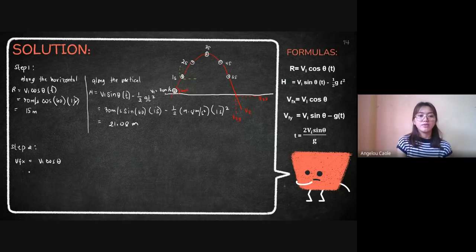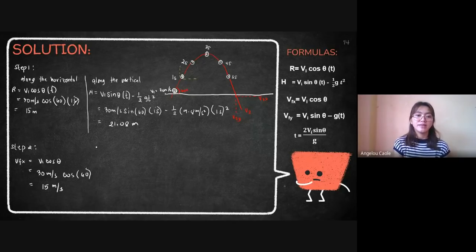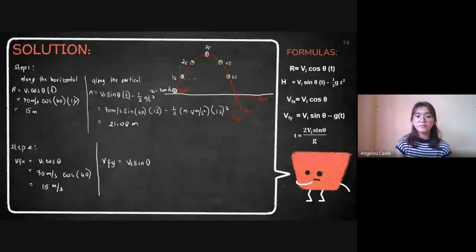Just substitute, we have 30 meters per second cosine 60, and that is 15 meters per second. While in the vertical component, we have Vfy is equal to Vi sine theta minus gt.